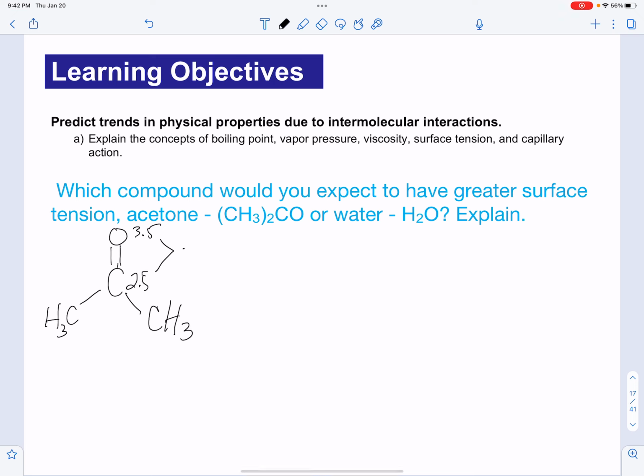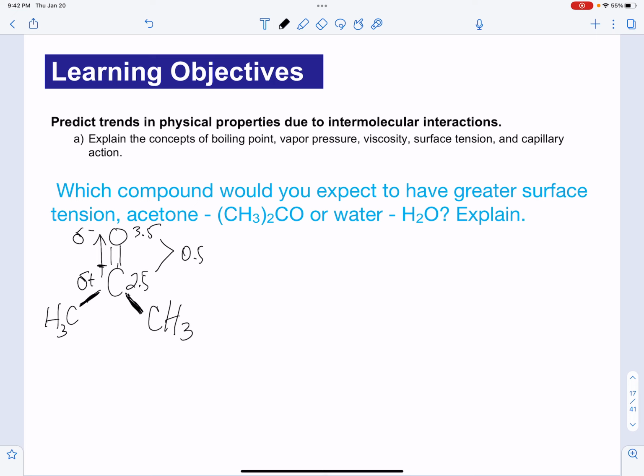The difference is 1.0, which makes it a polar covalent bond. Therefore, we can draw a vector, which is going to make this partially negative, partially positive. This is carbon to carbon, so that's a non-polar bond, so there are no vectors in there.